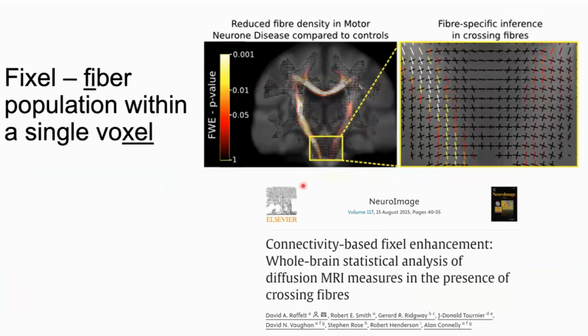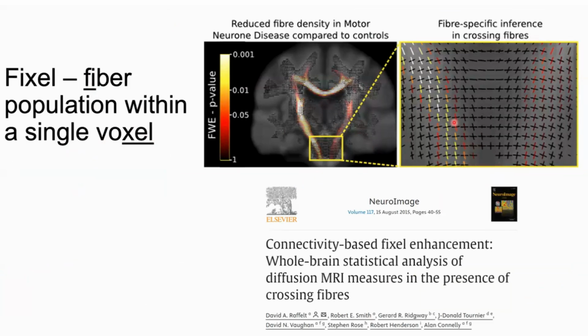Another important concept: apparent fiber density is one thing we have to keep in our working memory. And then the notion of pixel; we all know pixel, voxel. They introduced a term in this paper back in 2015. They coined the term fiber population within a single voxel. It's a very simple idea, but very powerful.